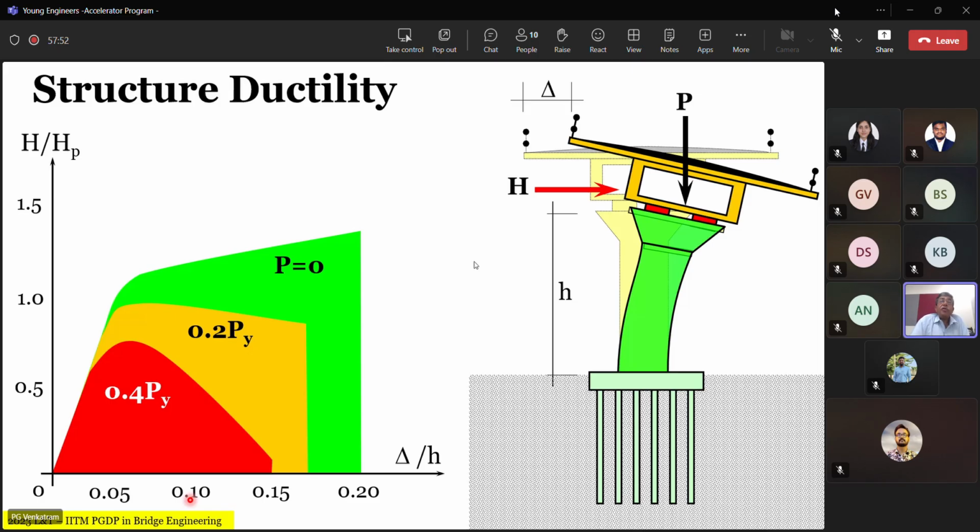So don't go for too small a size. Don't go for very high grade of concrete. These are the two things that you should make sure of when you take your design decision, so you do not fall into this trap and thereby affect the structure ductility.